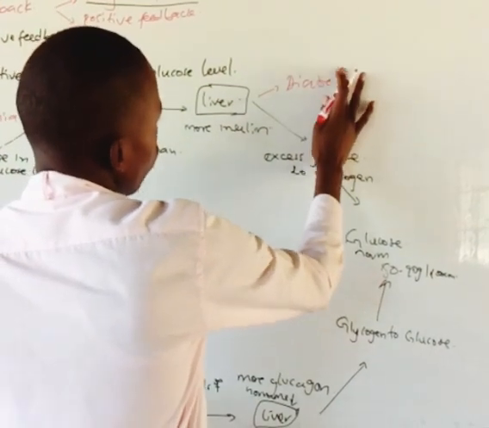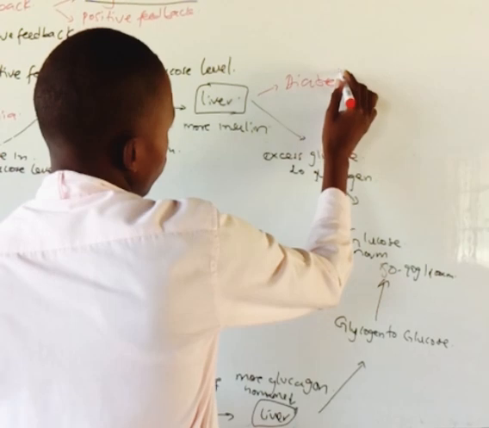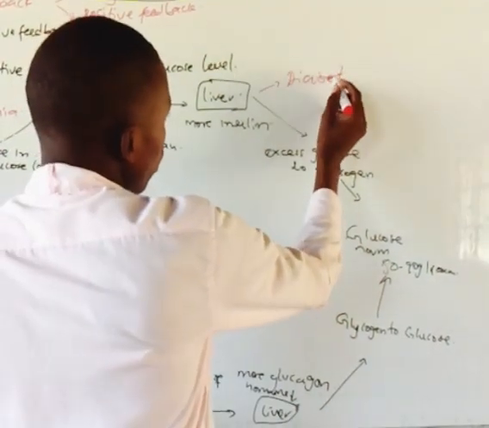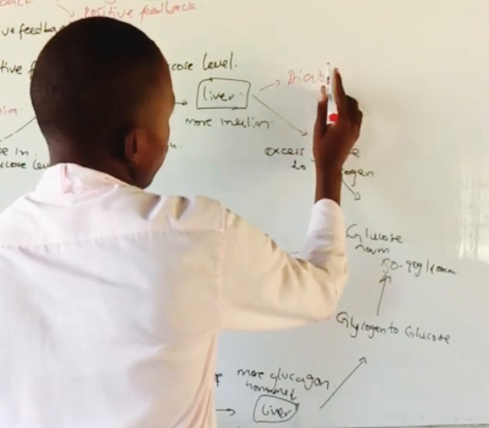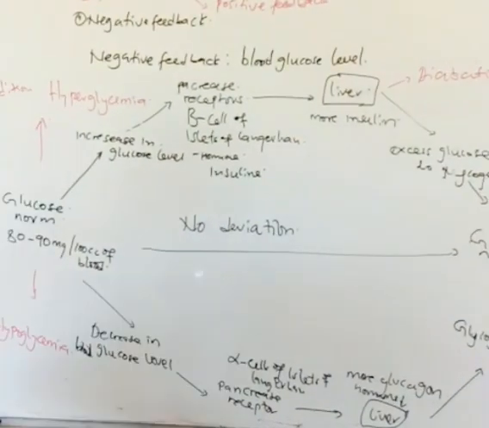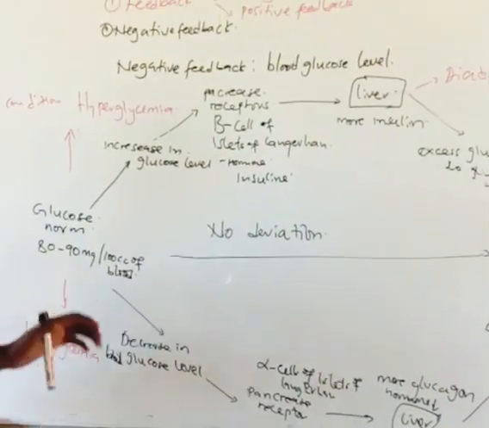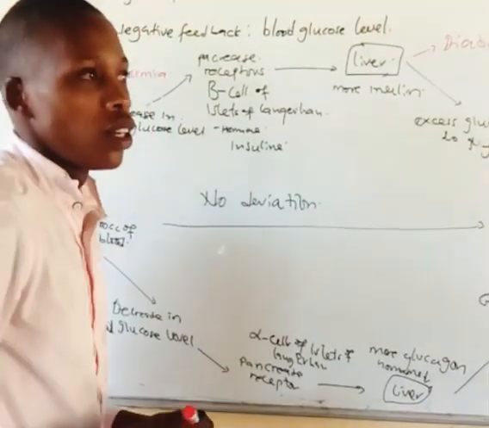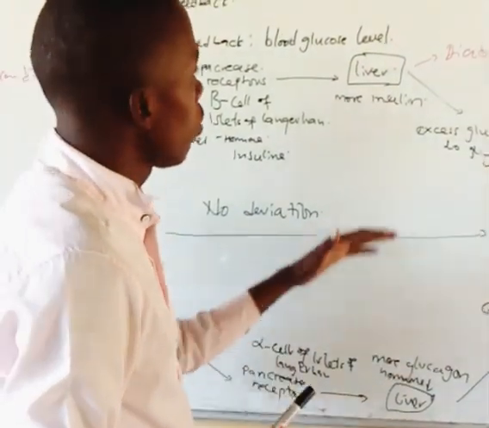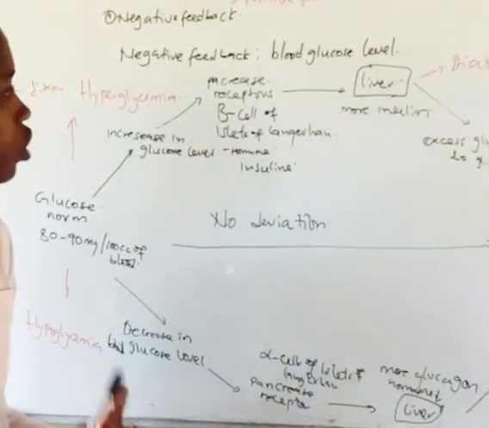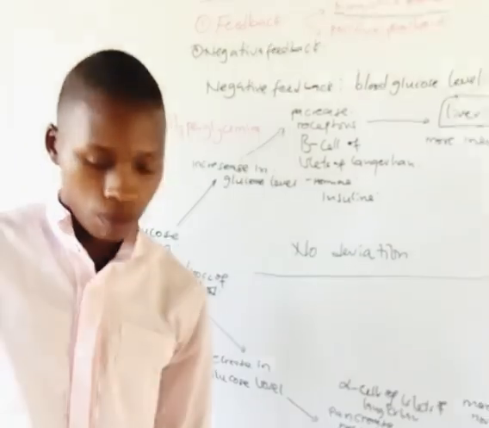We get a disease called diabetes, or the person will be diabetic. There is also a condition whereby when the blood glucose goes high, the person will start urinating, and the urine is more concentrated with glucose.